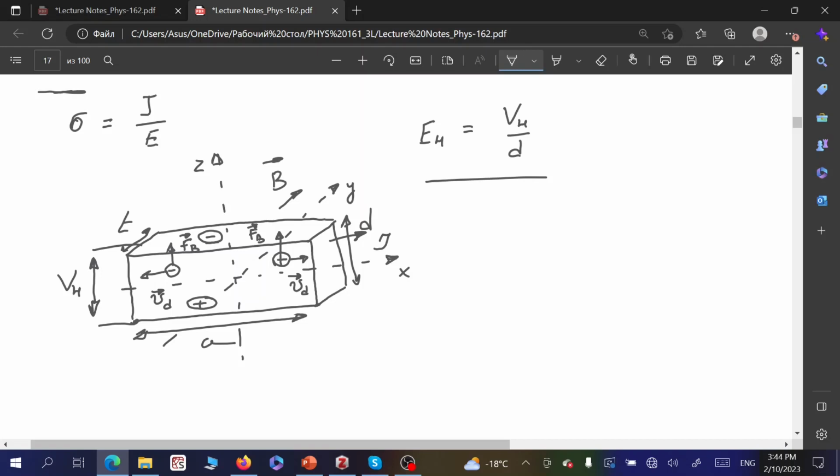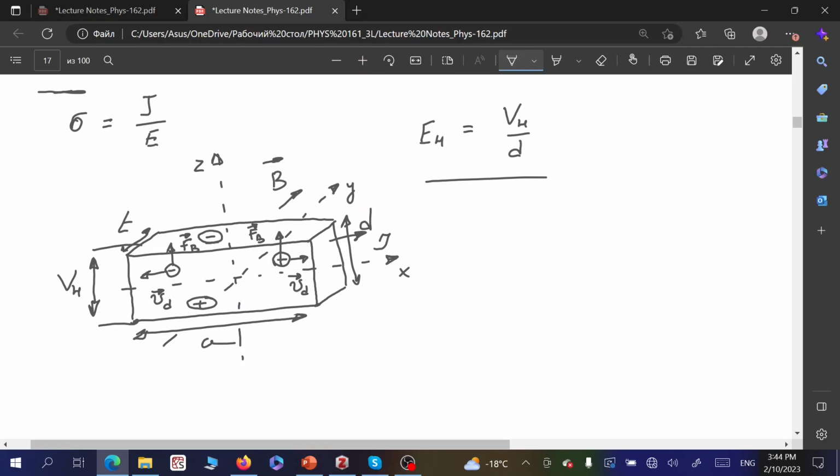That means that building up this uncompensated negative charge at the top of the sample will continue until that time when the magnetic force will be compensated by the electrical force acting on these charges because of the induced internal electric field.